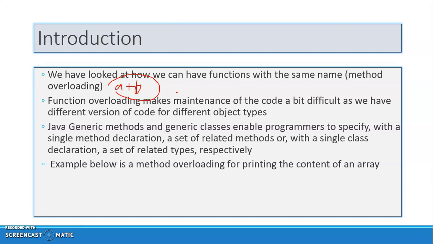And we'll even come up with more functions depending on what we are adding up. And now consider if we have, for example, two objects, not numbers, not strings, but any other two objects, and we want to implement the adding of two objects. If we have object A, object B, we want to add them, and these two objects are of the same type, we'll end up coming up with another method of the same name, maybe called add, but this one will be accepting two objects that should be added together.